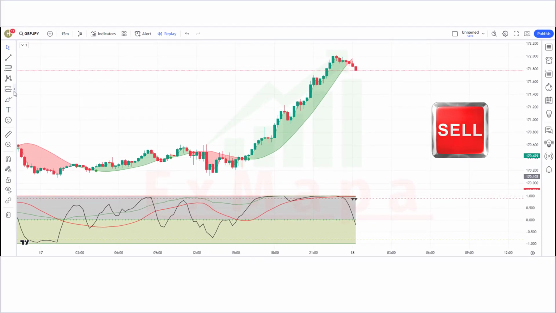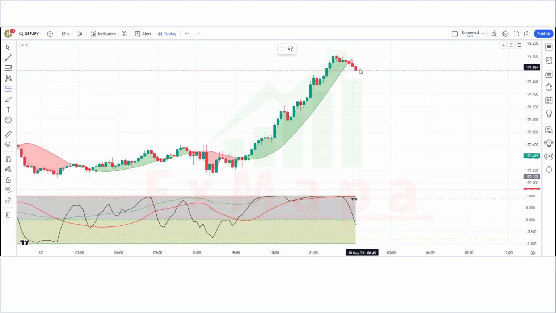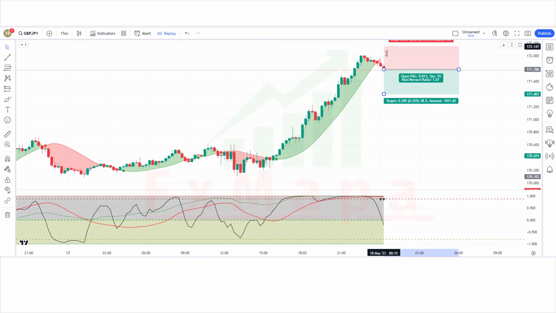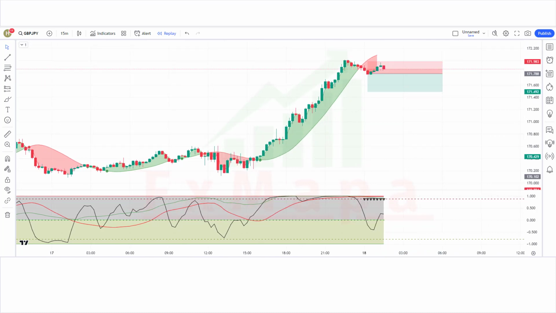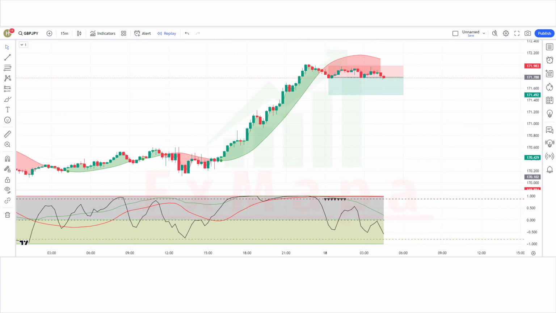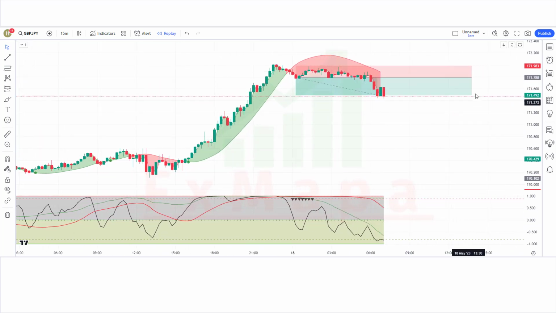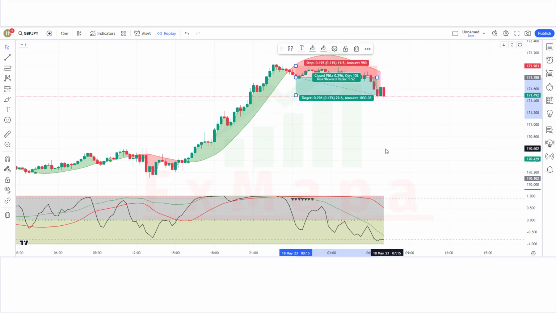If these conditions are fulfilled, then we will place a sell order. Our stop loss will be placed at the Hull Moving Average line, and the risk to reward ratio will be 1:1.5. The market has completely hit the target.